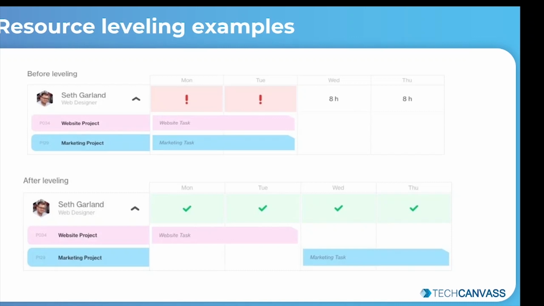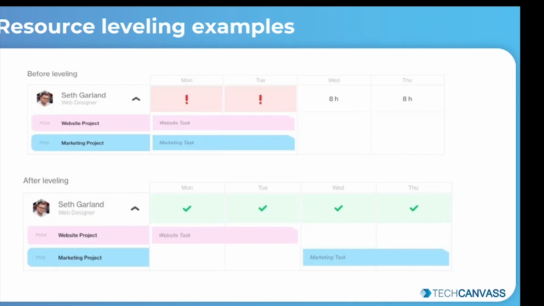Resource leveling will straighten out over allocation by reallocating task start and end dates, as in the example shown on the screen. Let's assume that a web designer is allocated for 8 hours each day to a project during the resource allocation process. However, in the original project plan, you notice that he is assigned two different tasks he cannot physically complete in 2 days.